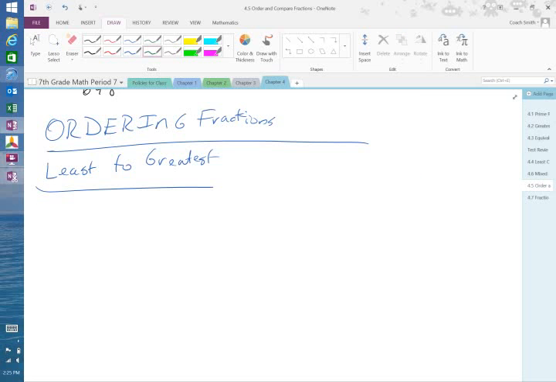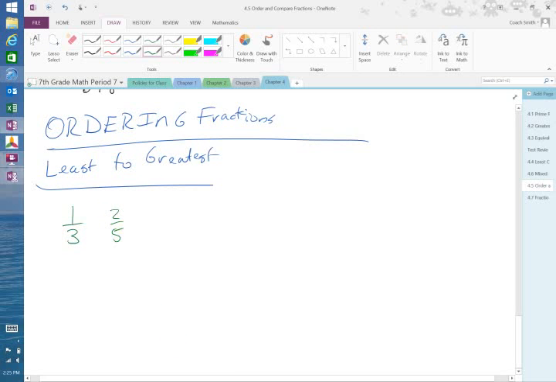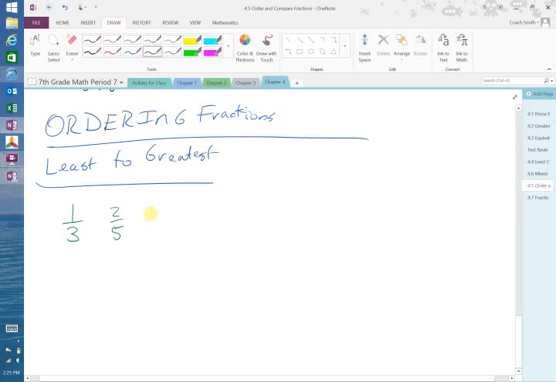Here's what I'm talking about. Let's say I'm given these fractions: 1/3, 2/5, 3/10, and 11/30.